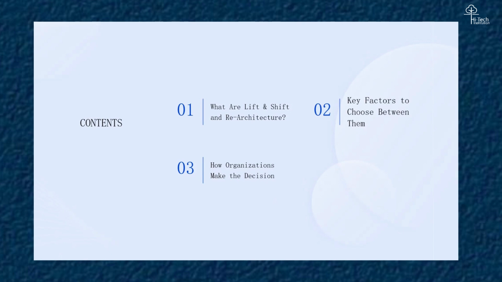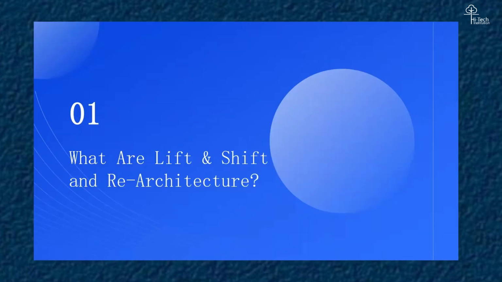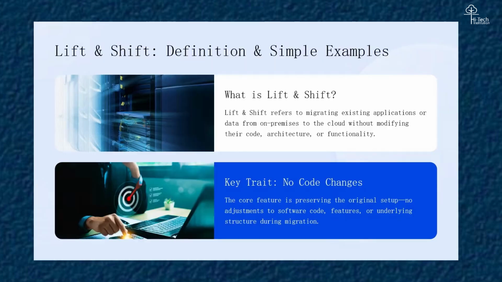So these three things we're going to discuss. In real time, there are six R's migration strategies, but we're only going to discuss lift and shift and re-architecture. First, let's understand what those are.